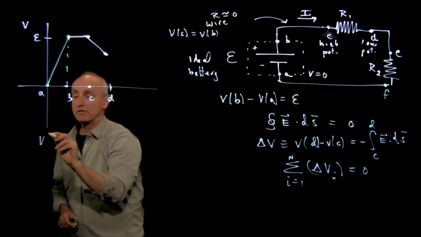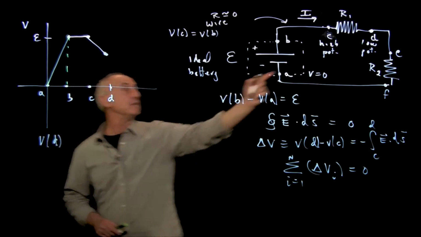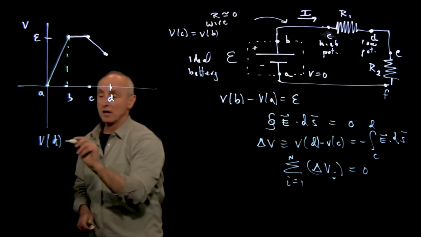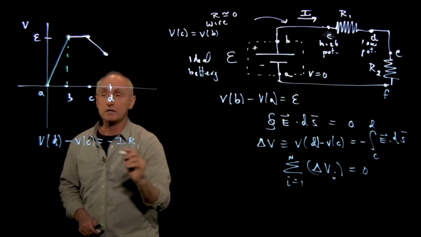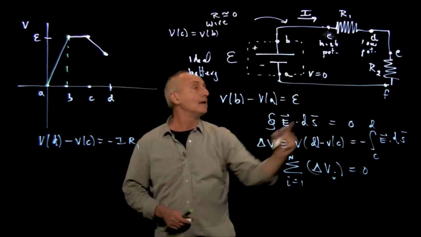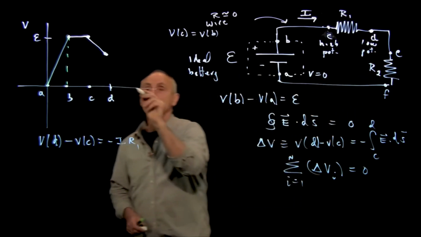Let's just make a note of that. The potential on the lower side of the resistor minus the potential on the higher side is I R1. That's Ohm's law.